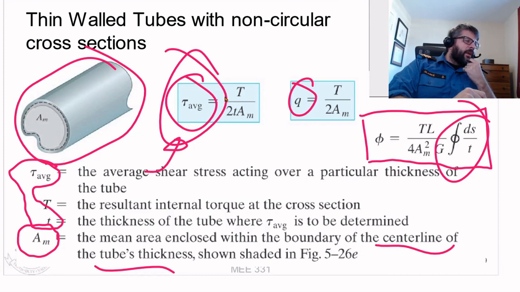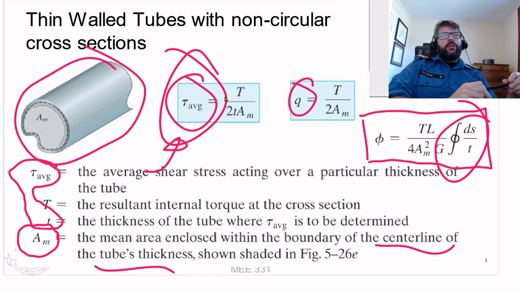So this is something that is often going to be a bit more suited for finite element analysis, and it might be a bit more necessary than for just a circular shaft or a tubular shaft. But yeah, that's how we go about doing those.